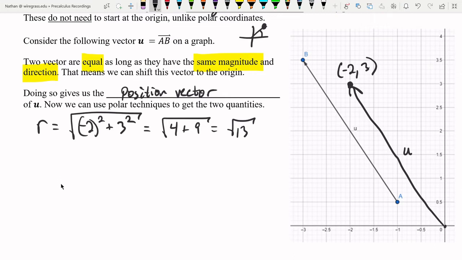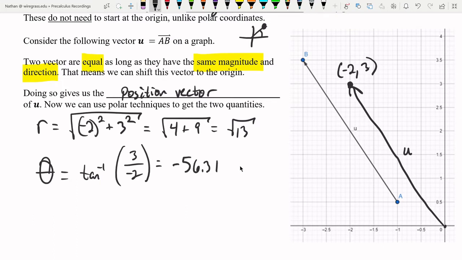Now the angle, the direction, is going to be the inverse tangent of y over x. y is 3, x is -2. Of course, we have to be careful with this because it's going to be in the second quadrant, and when we do the inverse tangent of this, I'm going to do it in degrees here. I get -56.31 degrees.